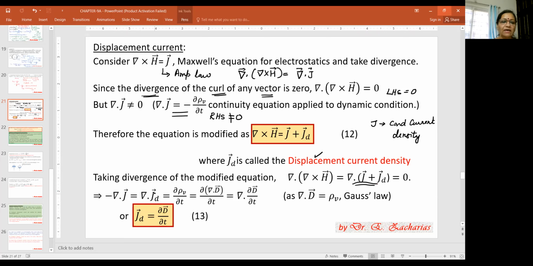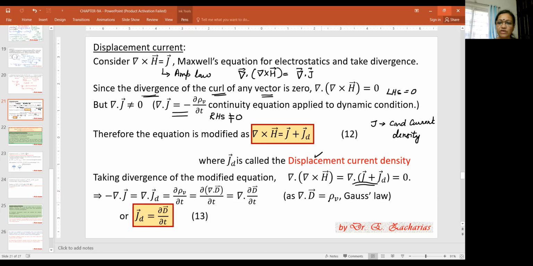You just minutes back have seen that from the continuity equation, del dot J was equal to minus dou rho V by dou t. Use that here, and you're going to get del dot JD equal to dou rho V by dou t. At the same time, use your Gauss law.